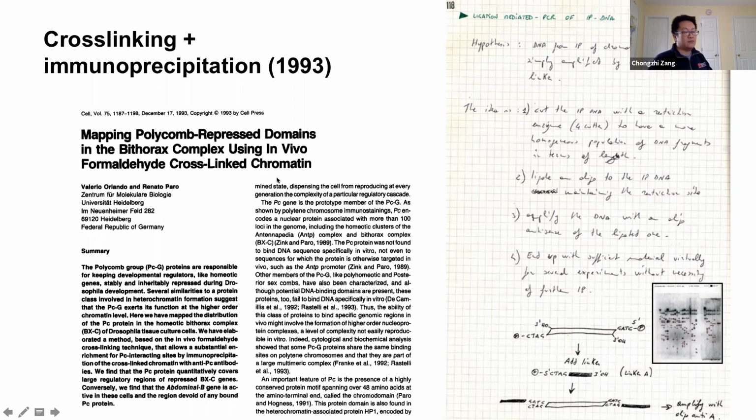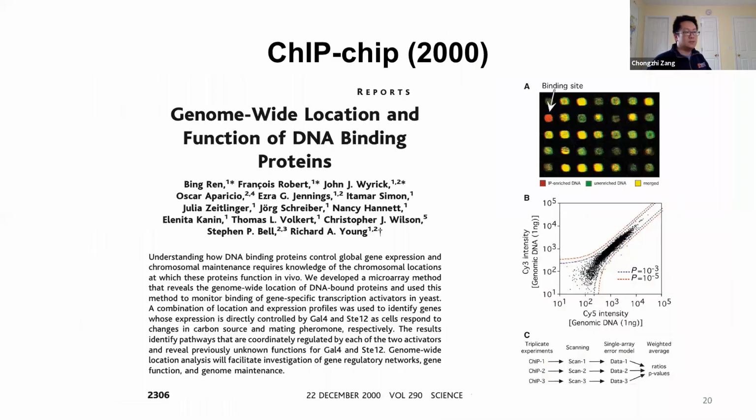But at that time, of course, we didn't have very powerful genomic technologies, so with these biochemistry experiments we could only study certain regions in the genome, or a specific type of protein-DNA interaction, without knowing the genome-wide information.